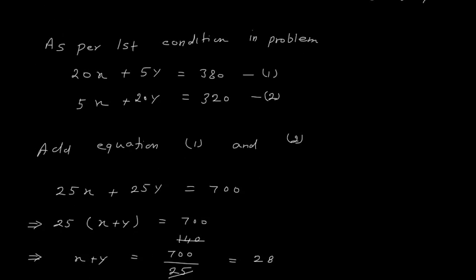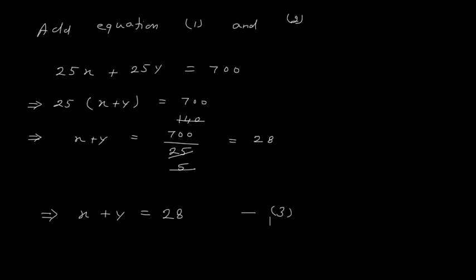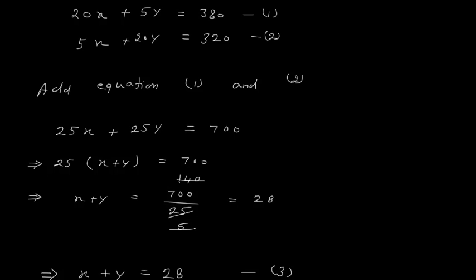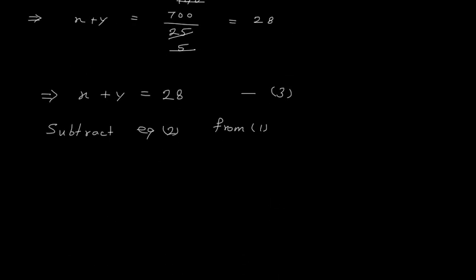Now I will subtract equation 2 from equation 1. So 20 minus 5 gives 15x, and 5 minus 20 is minus 15y, equals 380 minus 320, which is 60.